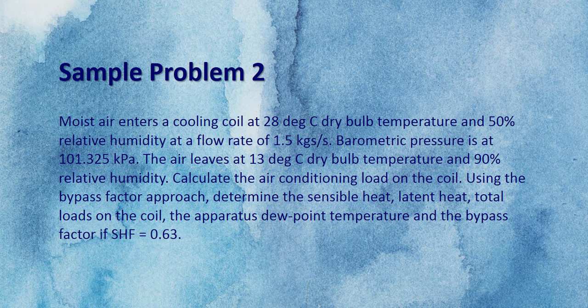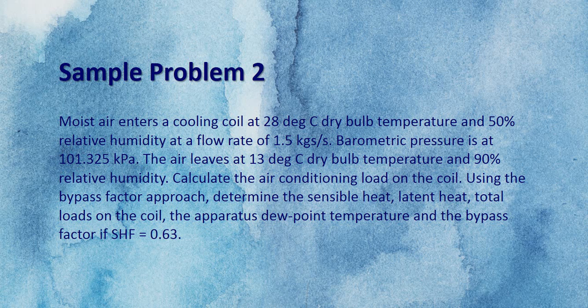So you're going to use the 50% relative humidity and the 28 degrees Celsius dry bulb temperature to find the characteristics of your air-water vapor mixture at this initial condition. The mass flow rate is given as 1.5 kilograms per second. Barometric pressure is at standard 101.325 kilopascal.